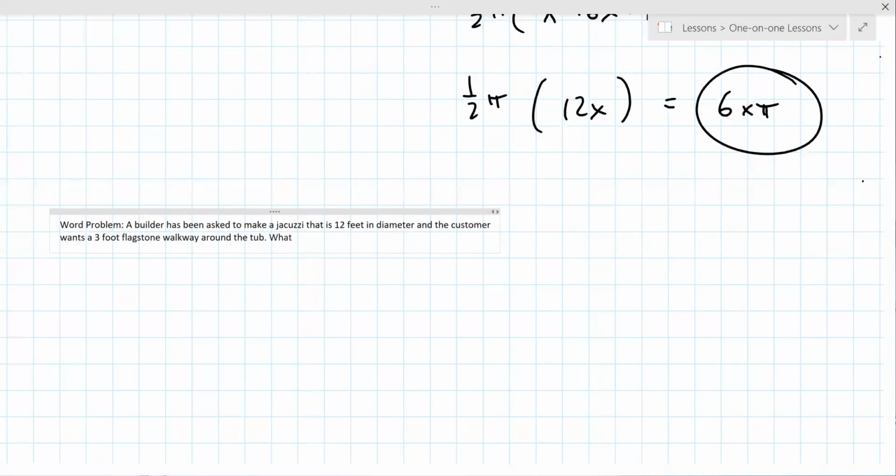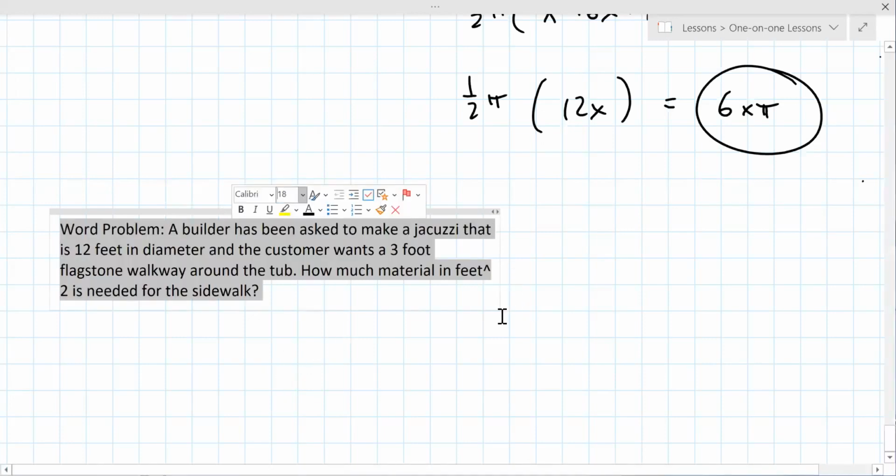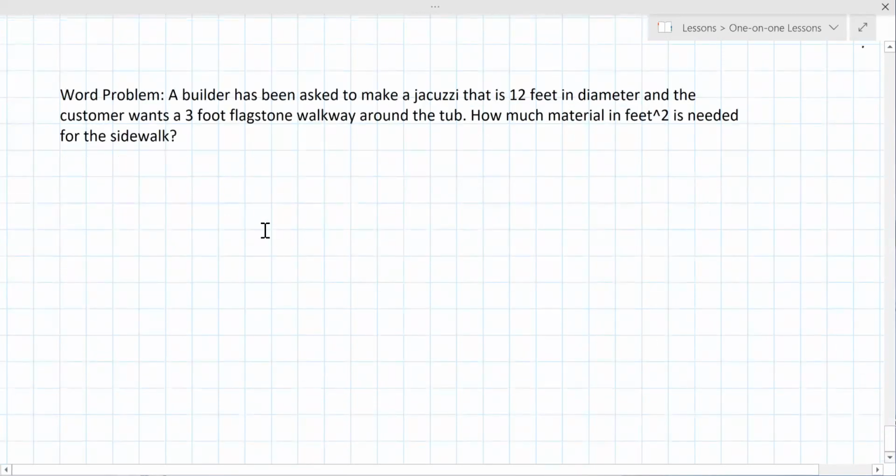How much material, in feet squared, is needed for the sidewalk, I guess is what it would be called? If it's not clear what I'm asking, I can draw a picture, but this is your annulus word problem thing that they would ask you to do.